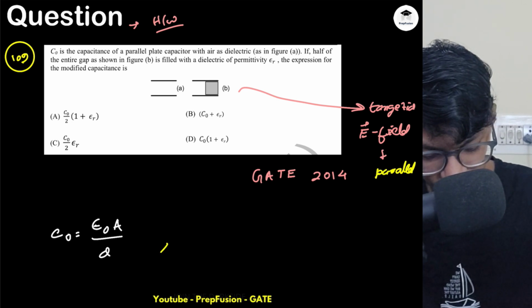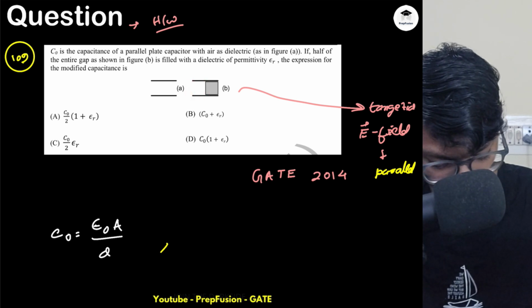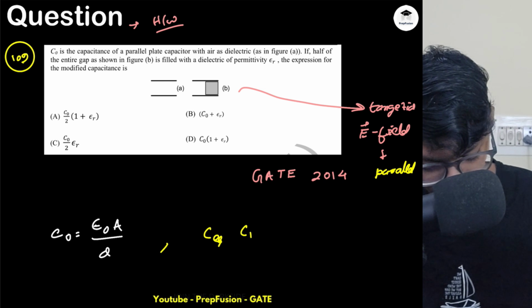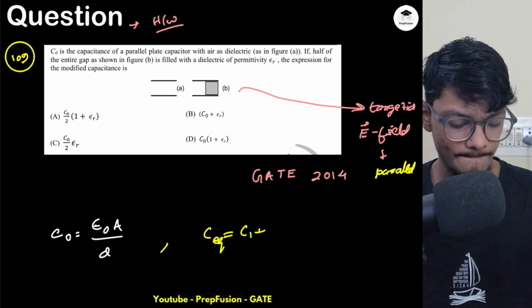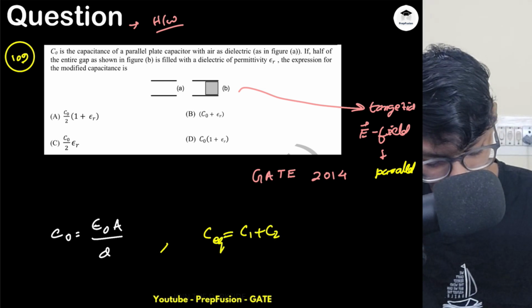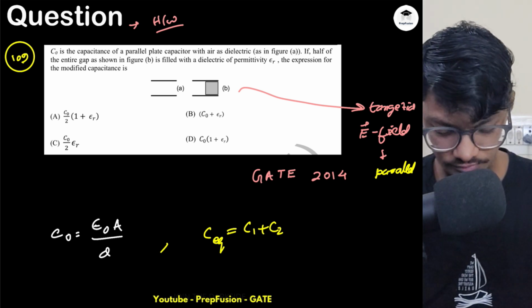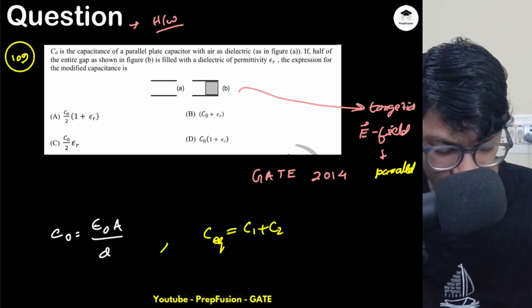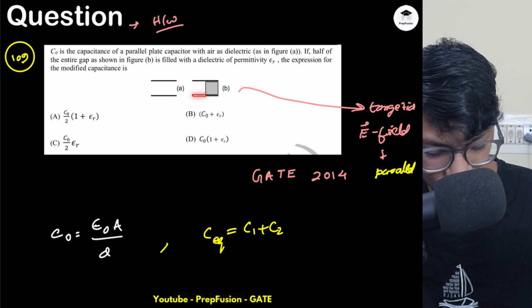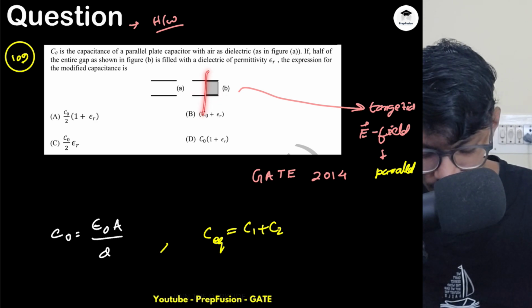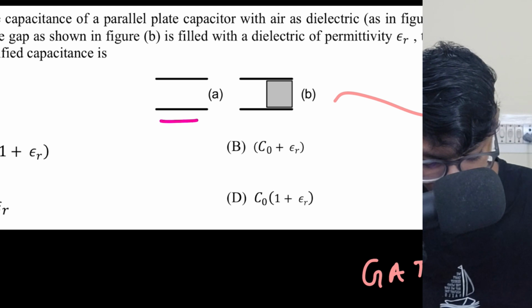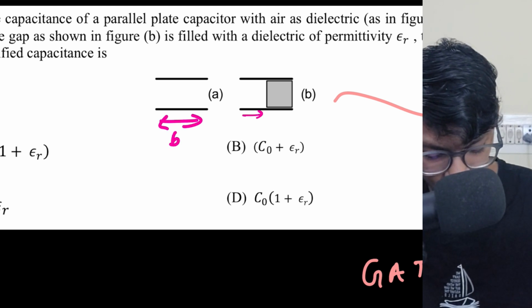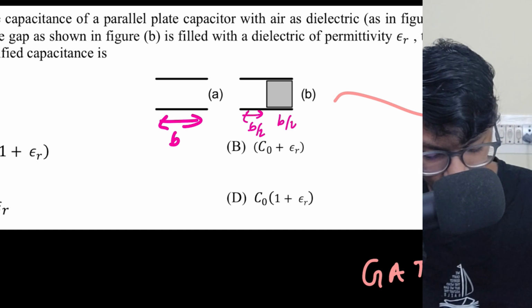So that means if this portion has a capacitance of C1 and this portion has a capacitance of C2, then C equivalent will become C1 plus C2. So what is C1 basically? Now here I observe that previously the width of this was totally B. Now this has been halved, so this has now become B by 2 and B by 2, correct?